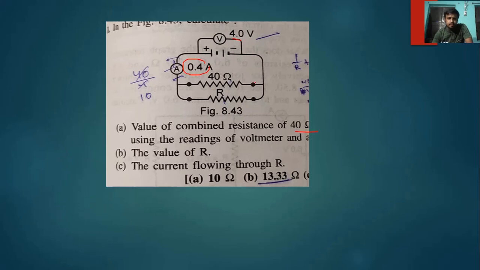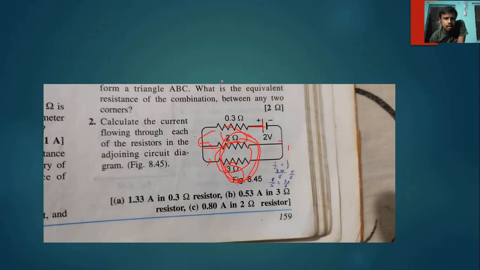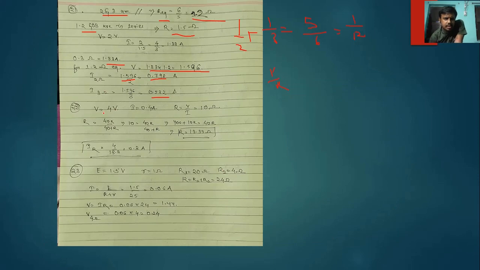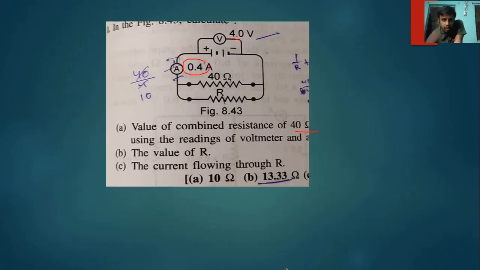Let us find the equivalent resistance. V is given 4 volt, I is given 0.4 ampere. Resistance would be V by I, 4 by 0.4, that would be 10 ohm, and that 10 ohm, 40 ohm and R ohm, as you can see also from this figure, they are in parallel to each other.